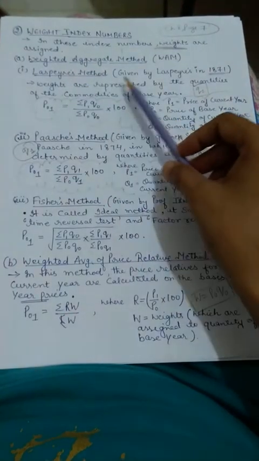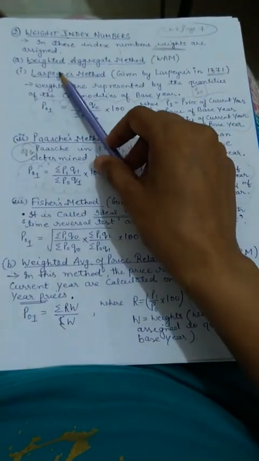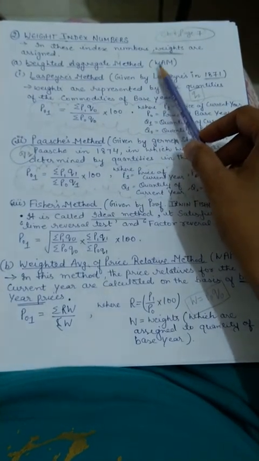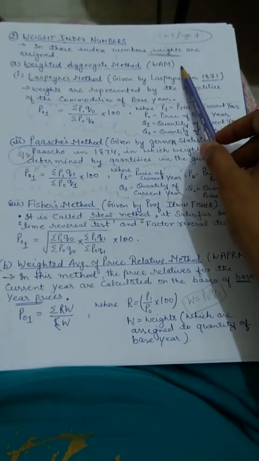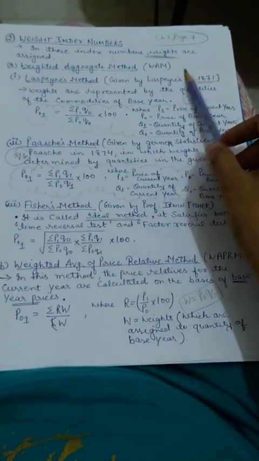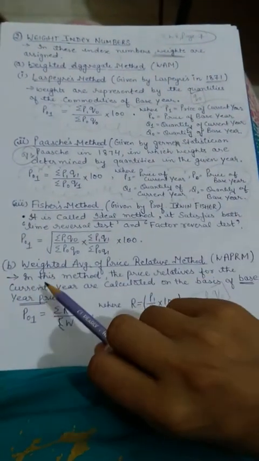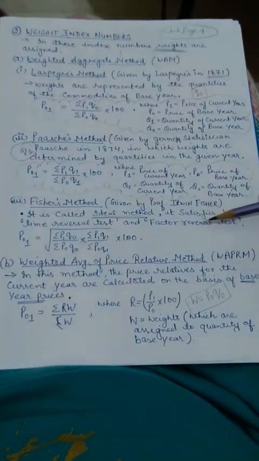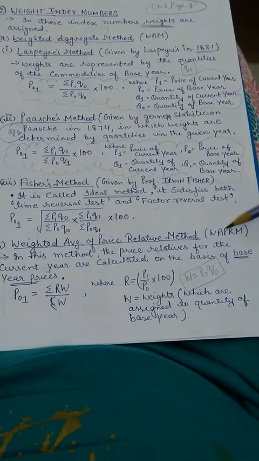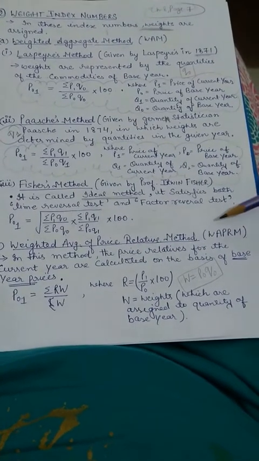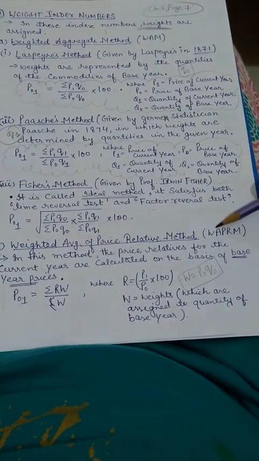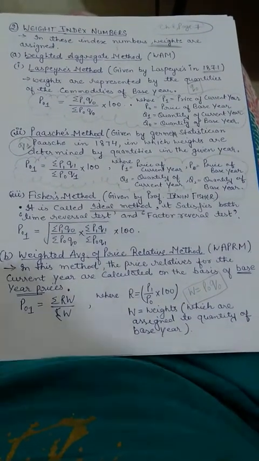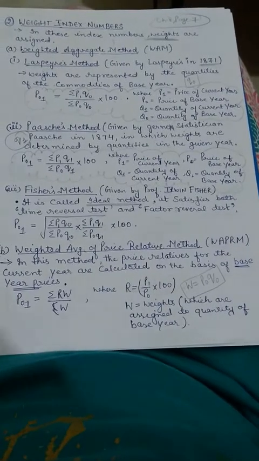Here, the weighted aggregate method is depicted by WAM in short form, and the weighted average of price relative method is depicted by WAPRM. So this was all of today's discussion.